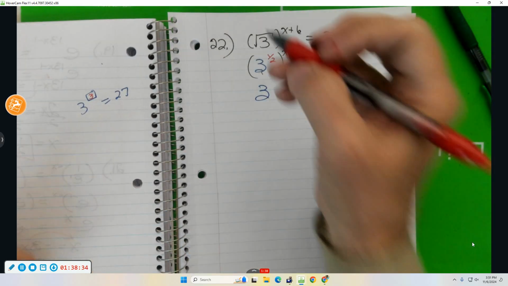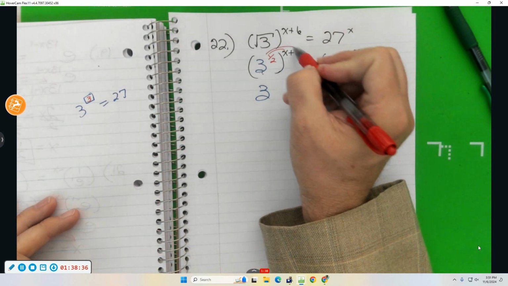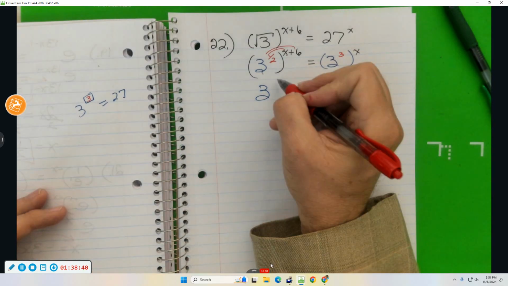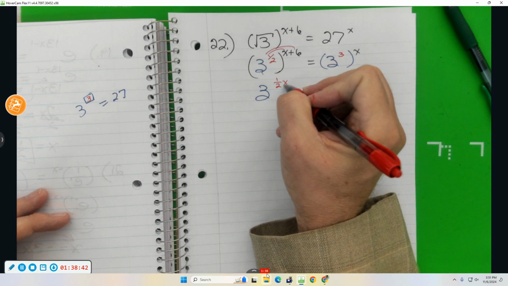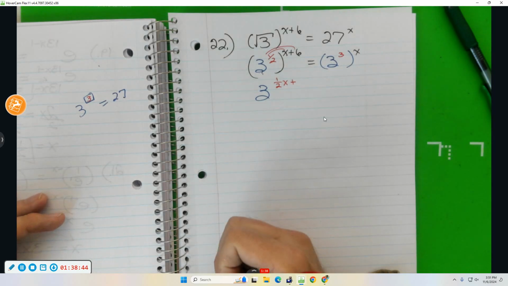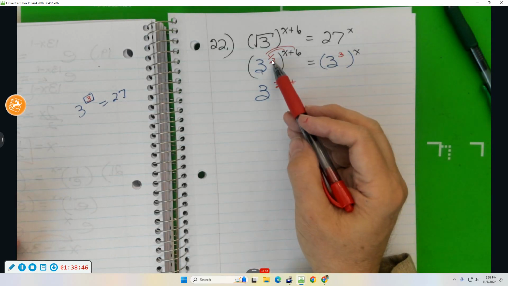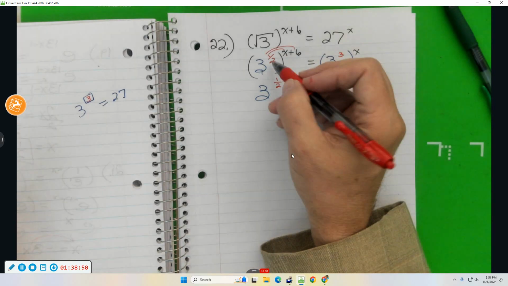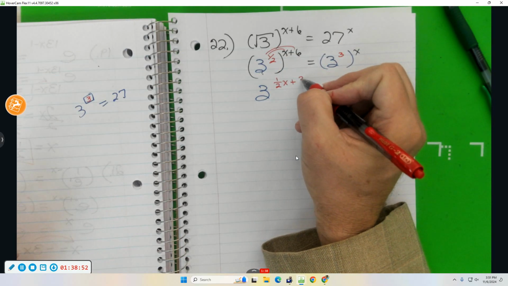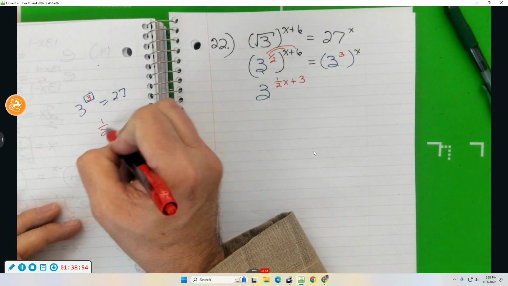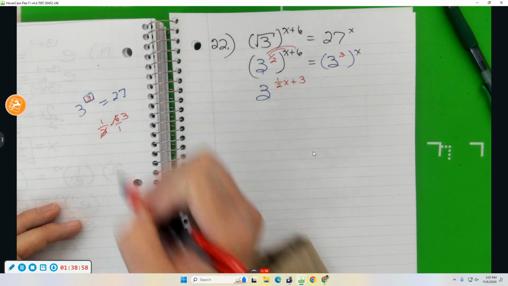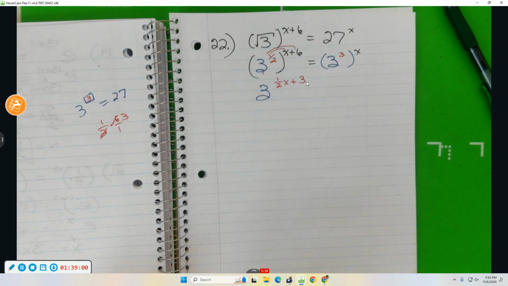So I heard someone say we're going to distribute the 1/2. 1/2 times x is 1/2 x plus, what's 1/2 times 6? 1/2 times 6 is 3. The 2 goes into 6 3 times. So that worked out nicely at least.